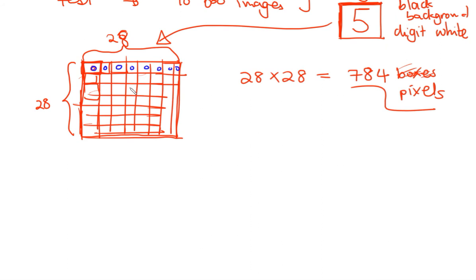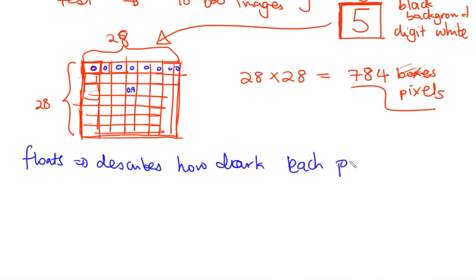And this one here could be maybe 0.9, and stuff like that. What do those numbers mean? The numbers are floats, and what they mean is that they describe how dark each pixel is.